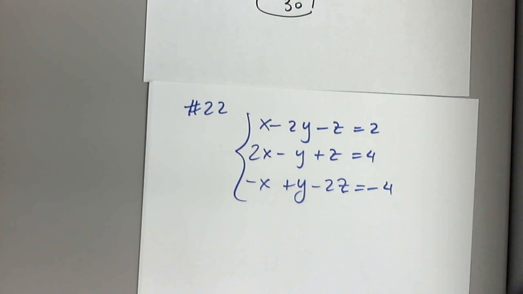Does it work? So negative 1 times 1 is negative 1, plus 1. Negative 1 plus 1 is 0. But what do I do with this row? How does this interact with this entire row?